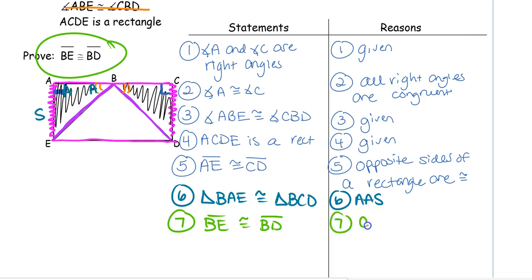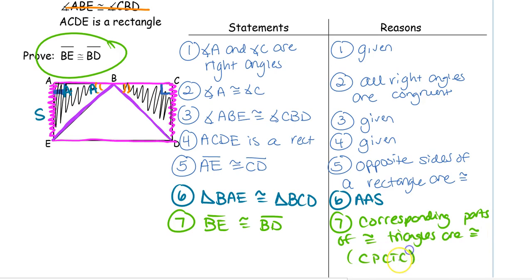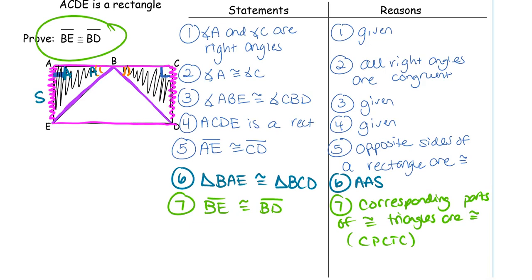We know that because corresponding parts of congruent triangles are congruent. That's our CPCTC. One of the most important things that you want to take away from CPCTC proofs is that you only know that corresponding parts of congruent triangles are congruent after you've proven triangles congruent.